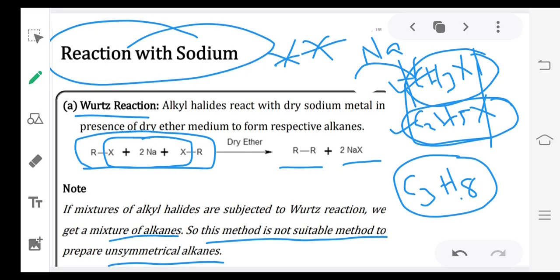So along with this product, you will get C2H6 as well as C4H10. So that's why we cannot prepare odd number carbon alkanes in pure form in this method, because separation of this mixture is difficult.